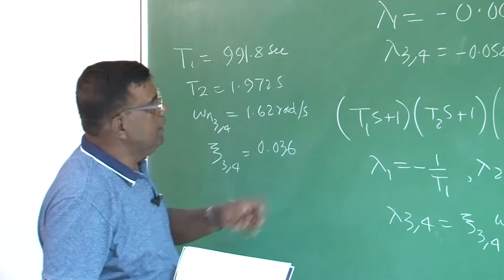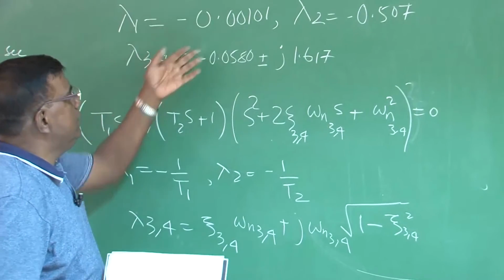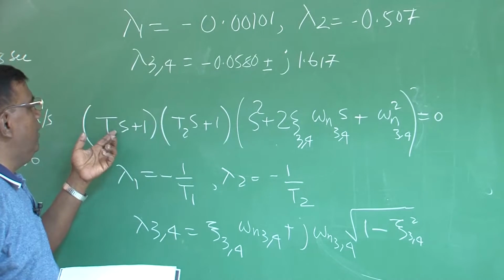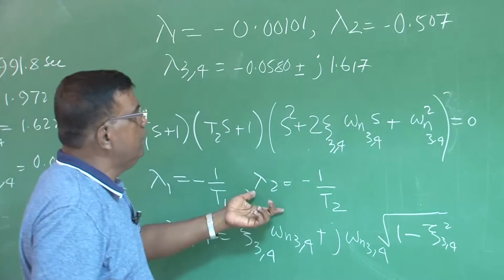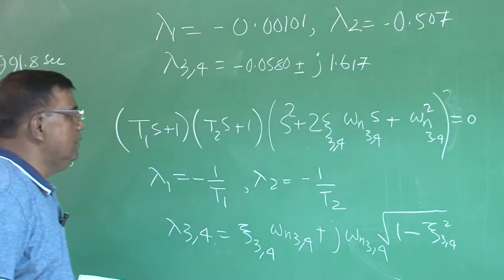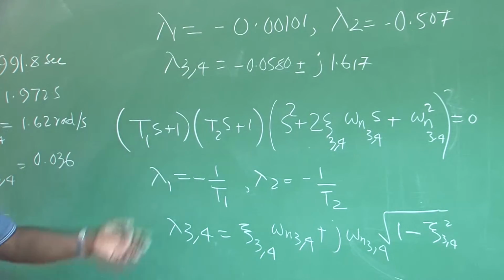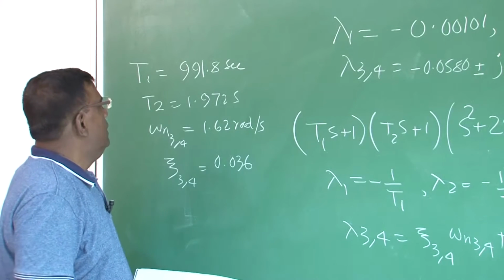I hope you understand. I can write this equation using these roots in the standard form, where the first root is T1 s plus 1 equal to 0, another root from the second factor, and one complex conjugate pair, and then you know how to find omega n as well as time constants.